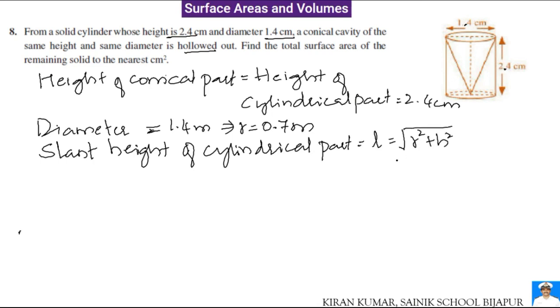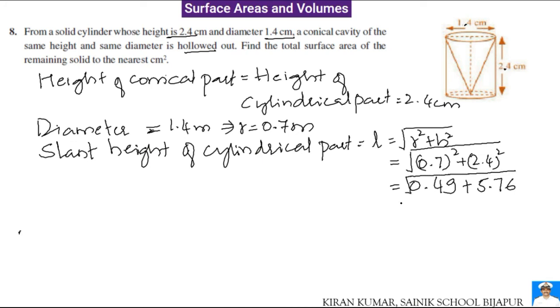Let's substitute. 0.7 whole square plus 2.4 whole square. 0.7 whole square is 0.49 plus 2.4 multiplied with 2.4 is 5.76. When they are added up, we get 6.25. This is a perfect square. It is 2.5 centimeter.